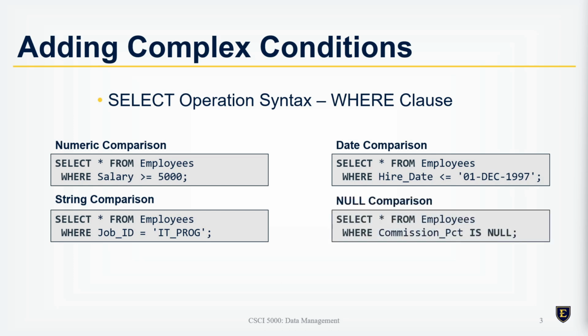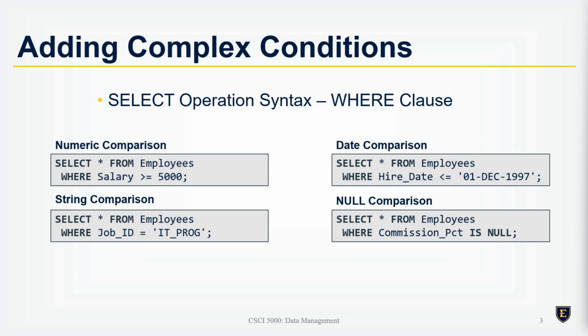And finally, you can do null comparisons as well. Select star from employees where commission percent is null. The reason that you cannot say equals null is because null literally means nothing. It means the absence of data, so there's nothing to compare equality to.